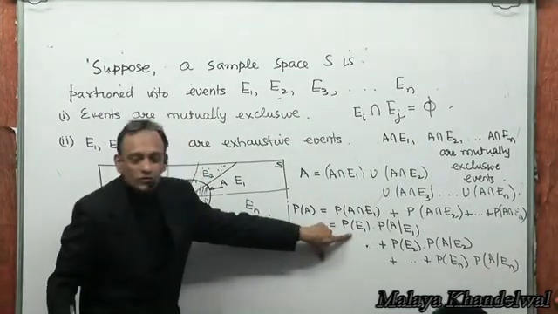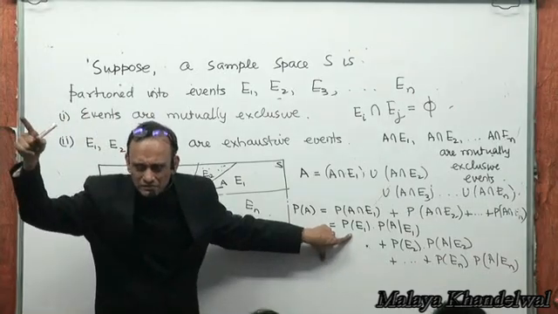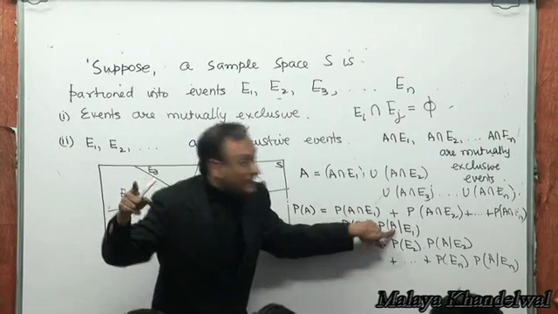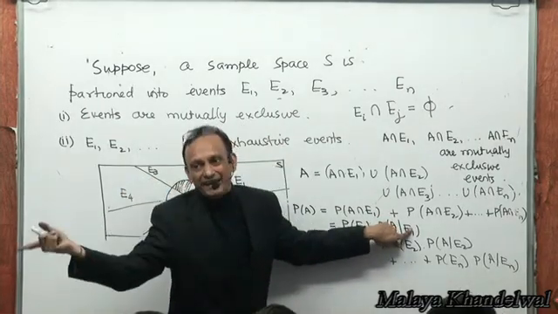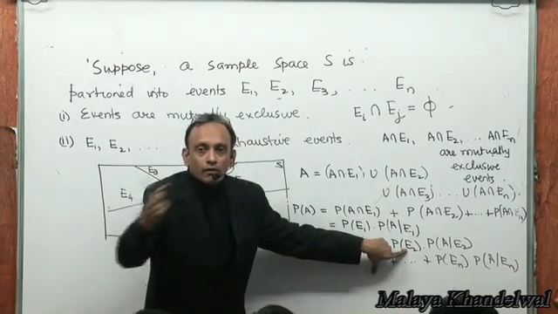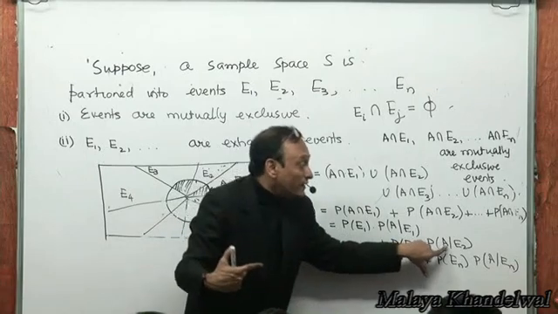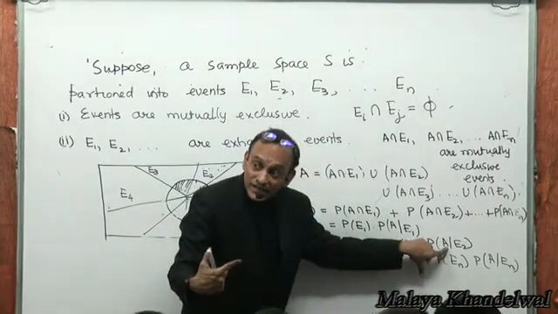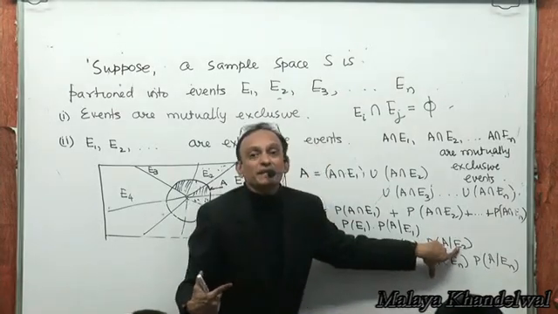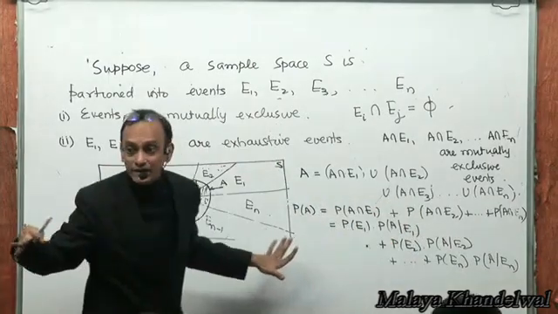This was the probability of drawing a bag of type A, some 3 by 10, and then the probability of drawing a white ball given that I've selected type A. Then the probability of drawing a type B bag, which is E2, and given that type B has been selected, the probability of drawing a white ball.